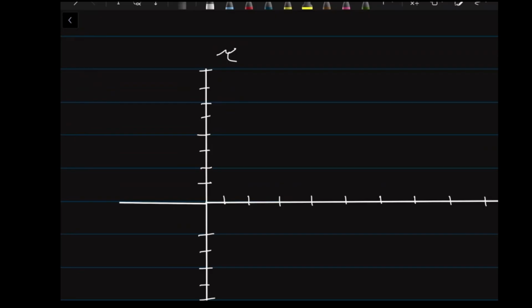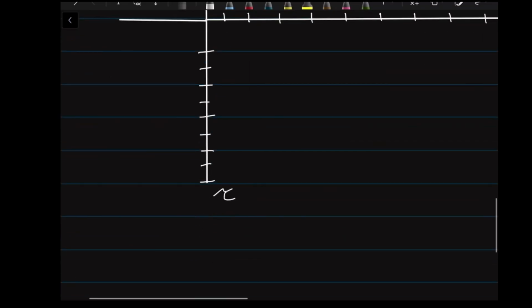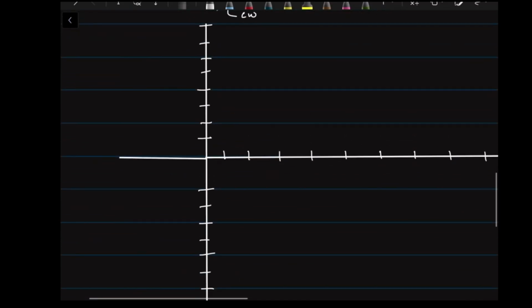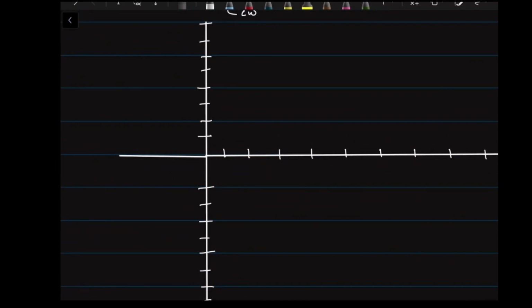And what we consider negative in engineering, what do we consider negative? We consider the clockwise direction negative. So this way we consider negative, this way we consider positive, right? That's a very nice way to do it. So we're going to say tau clockwise, and we're going to go down here and we're going to say tau counterclockwise. Very easy. All right, let's keep her going.